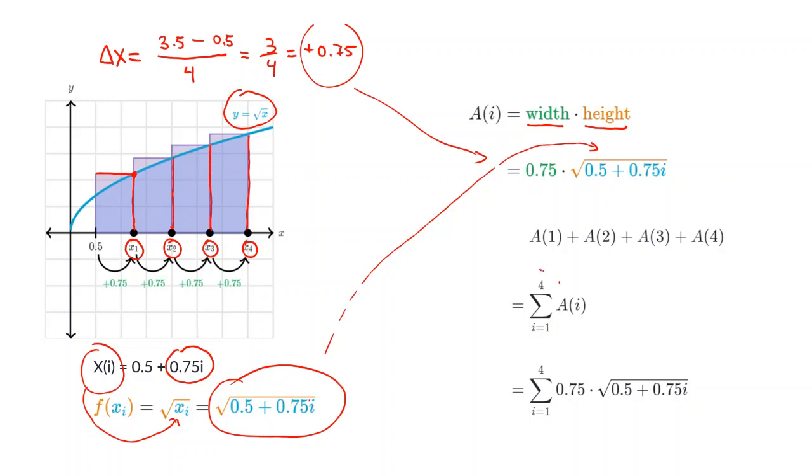This is the sum of the 4 rectangles, and we can then just substitute this into this. So this is the sigma notation of Riemann sums for expressing the area under the curve of f(x) equals the square root of x from 0.5 to 3.5 using four equal subdivisions, four rectangles with equal subdivision.